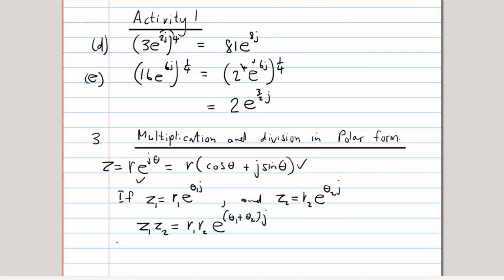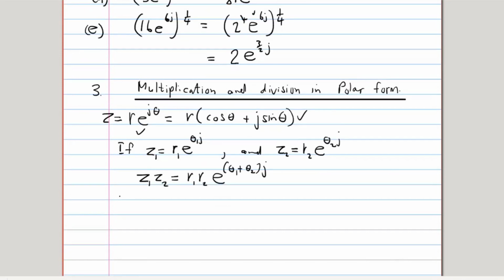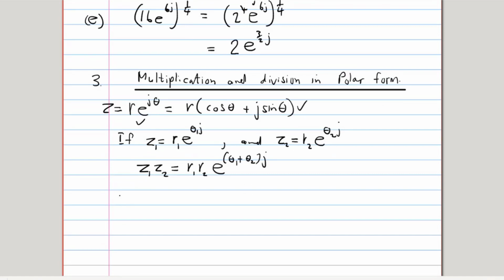So this is the exponential form. For polar form, if you have two complex numbers, you've got z1.